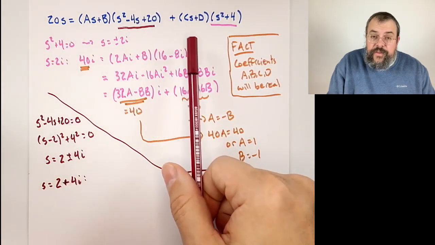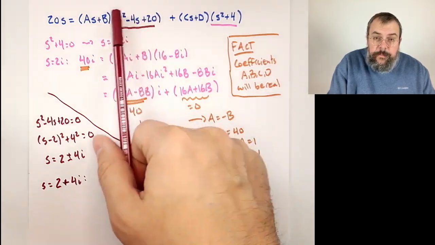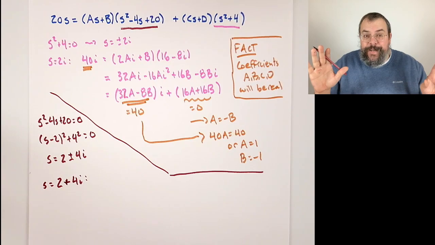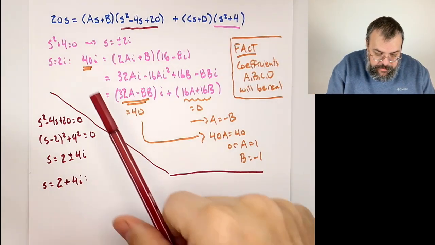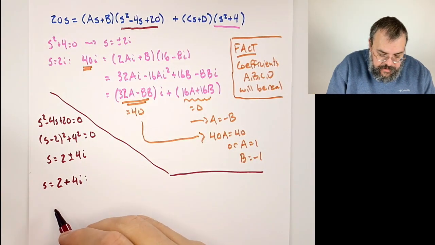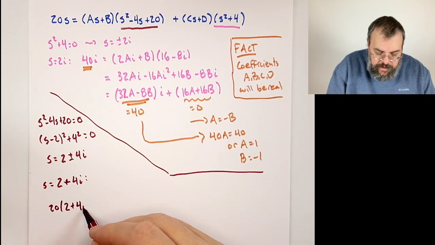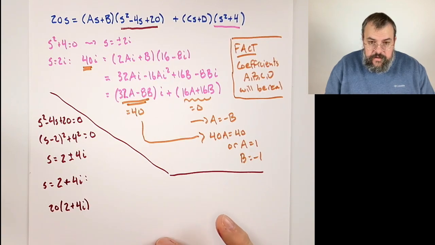So we're going to plug it into both sides. Now, the part here is gone. Nothing needs to be done. So what do we have? Well, we have 20 times 2 plus 4i. We'll clean that up in a few minutes.